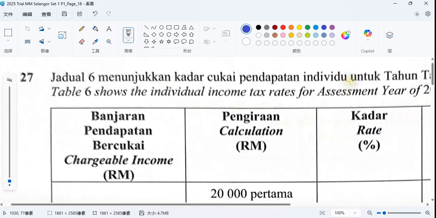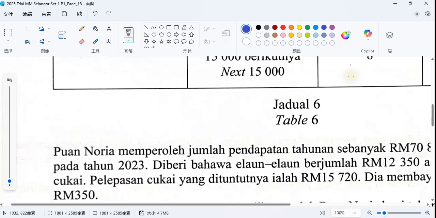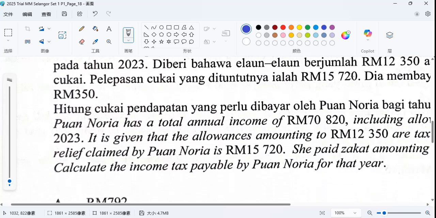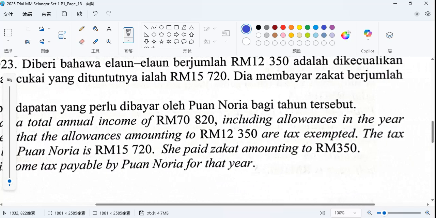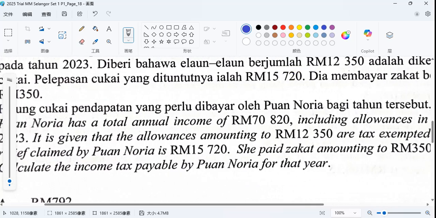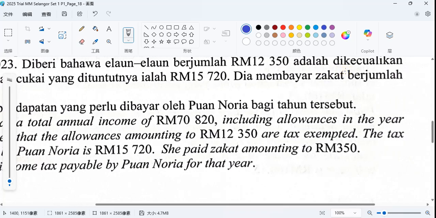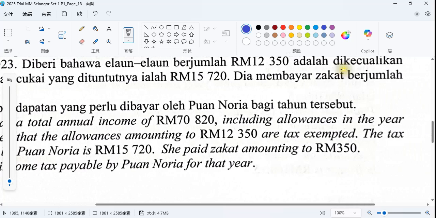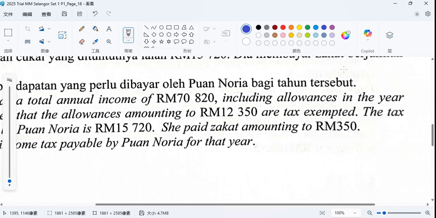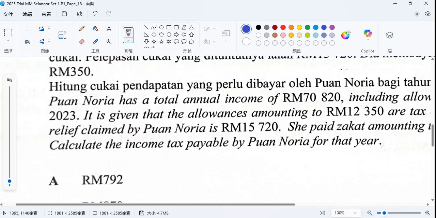So this is tax, Form 5 Chapter 4. Question number 27. Table 6 shows the income tax rate for year 2023. Puan Noria's total income is 70,820, including allowance, and allowance of 12,350 is tax exempted.